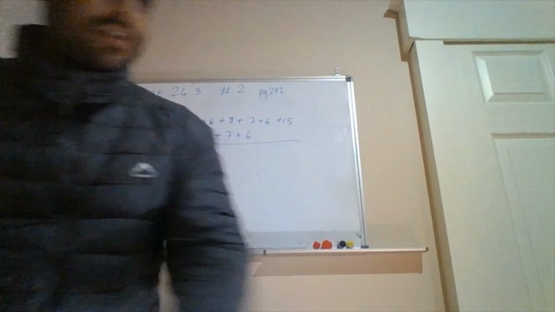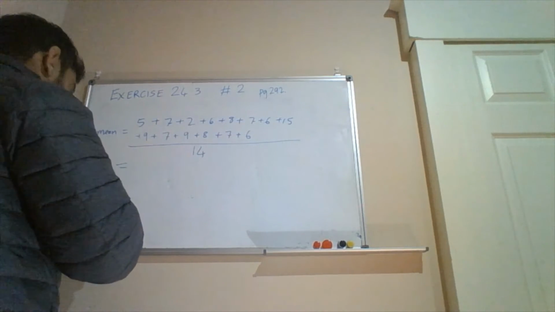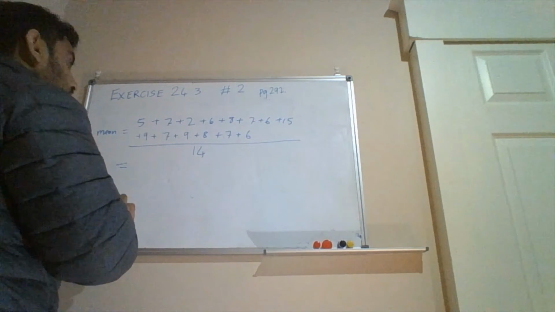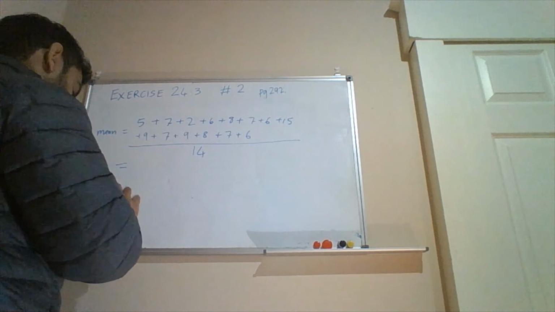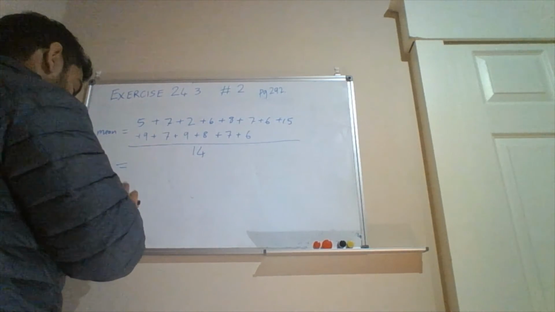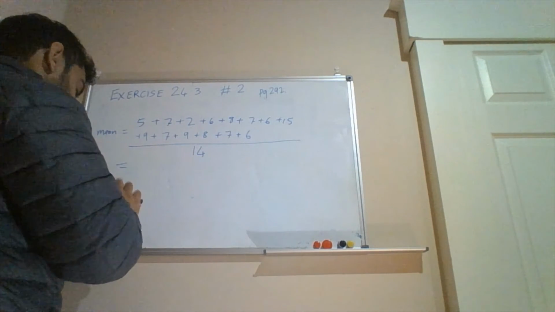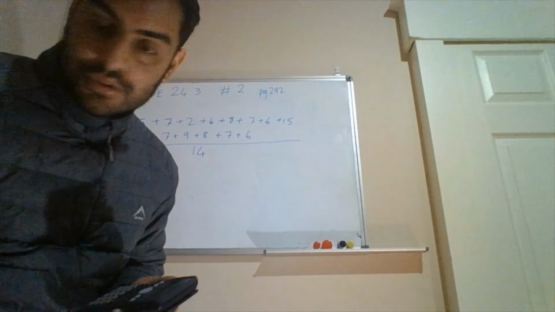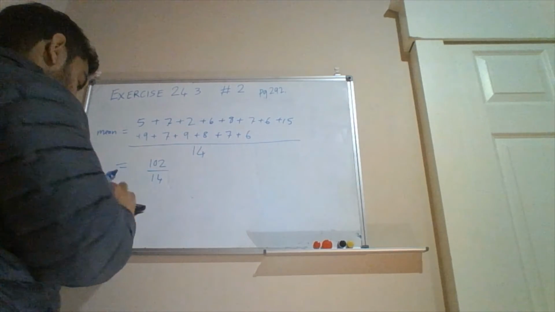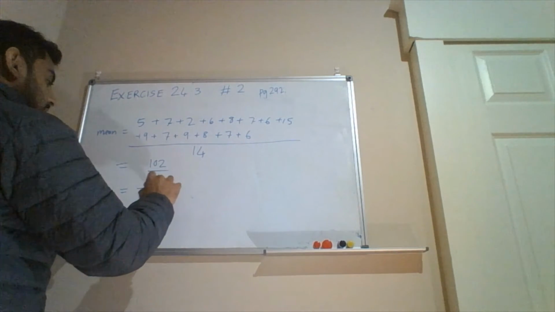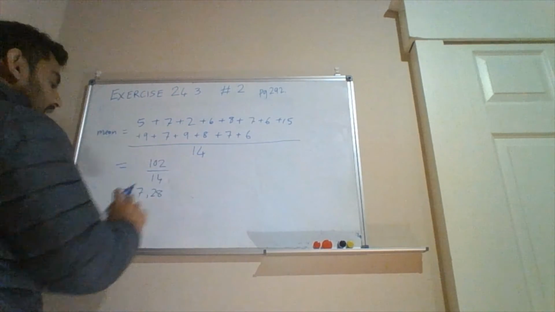And if we work this out, we get our numerator, the top, as 5 plus 7 plus 2 plus 6 plus 8 plus 7 plus 6 plus 15 plus 9 plus 7 plus 9 plus 8 plus 7 plus 6, which is 102, divided by 14 is 7.28 cubs per year, and we would round this either up or down.